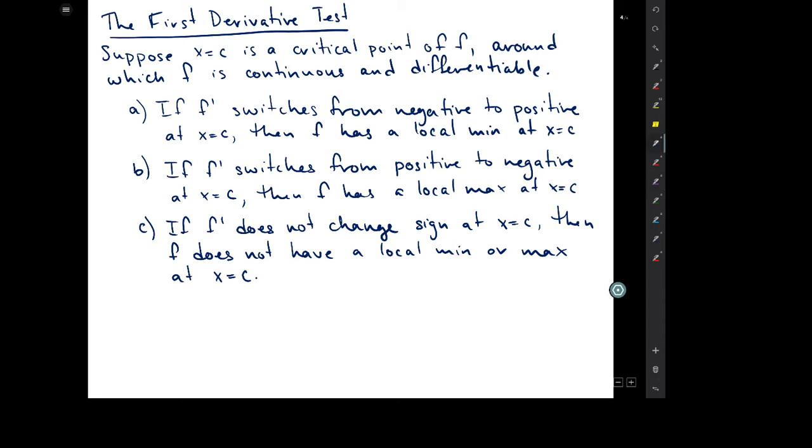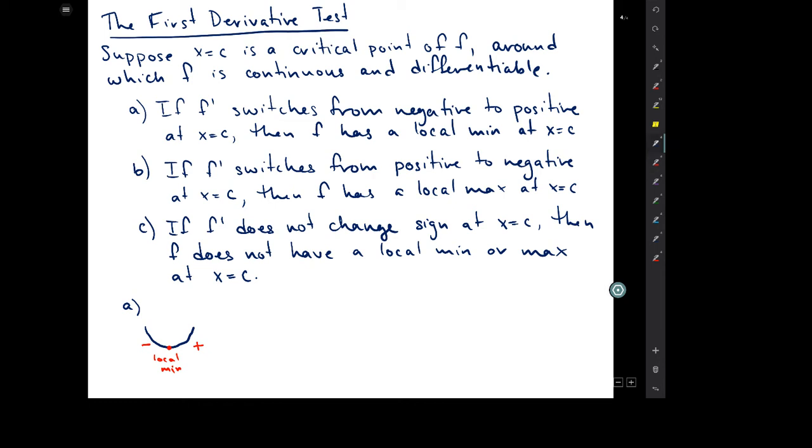And what that looks like is if my graph switches from negative to positive, I know that my function goes from decreasing to increasing, and at this point down here, I have a local min. And this is, again, my derivative goes from negative to positive.